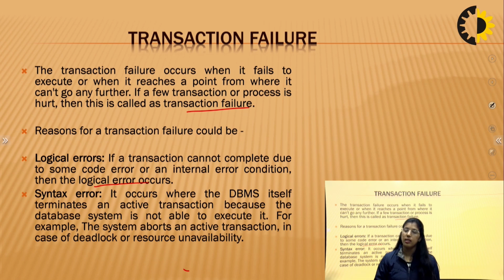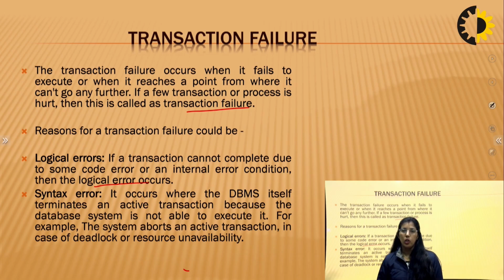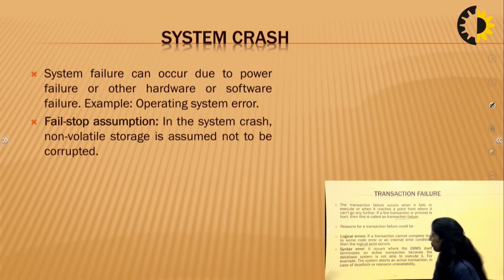So in that case, a deadlock will occur because both of the transactions will be waiting for some resources that are unavailable for that particular time. So in that case, the system itself will not allow the transaction to be completed, and it just shuts down the transaction, and it comes under the syntax error failure.